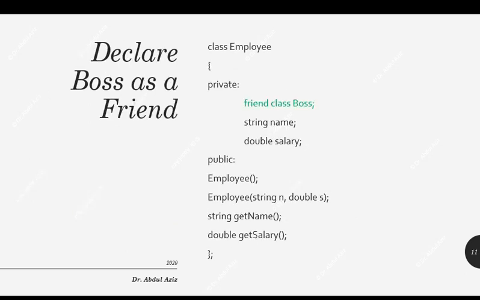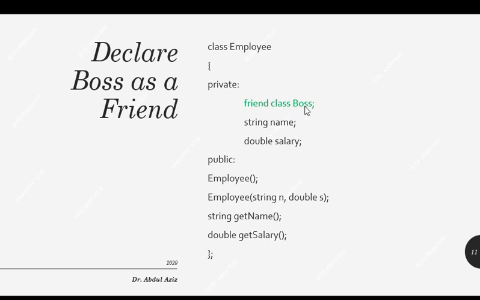This is possible by declaring boss as a friend. So we need to edit the employee class, and in this employee class we are just going to add this statement, friend class boss.